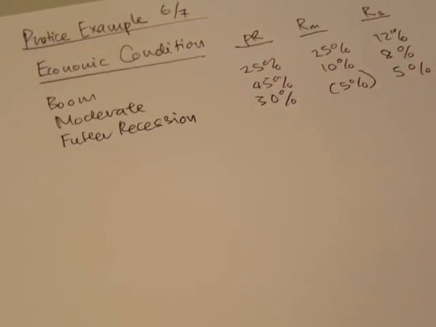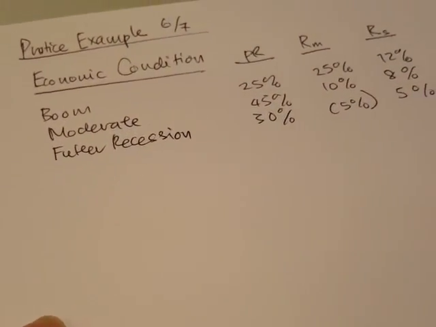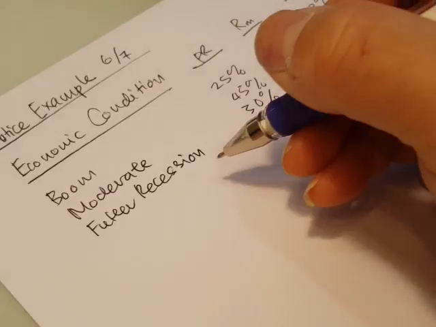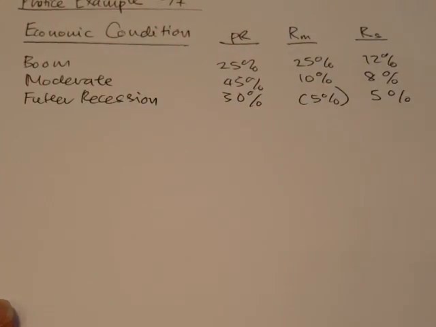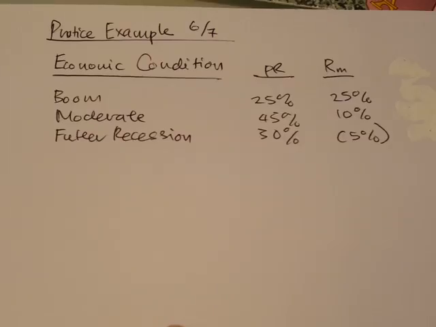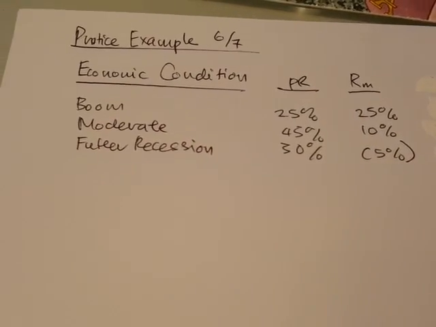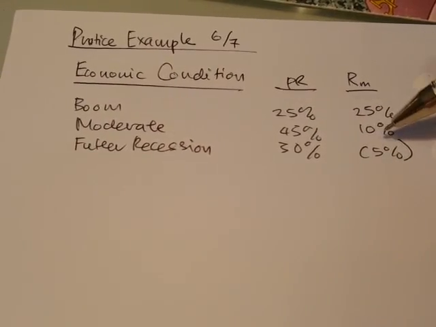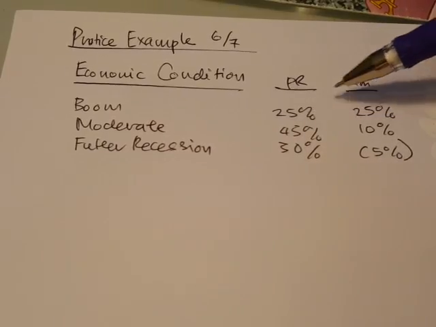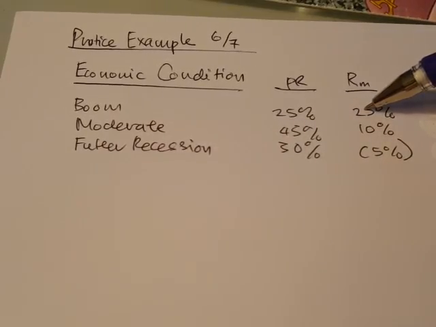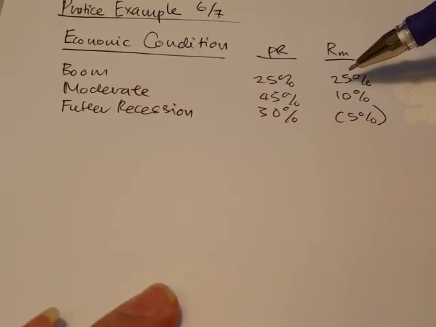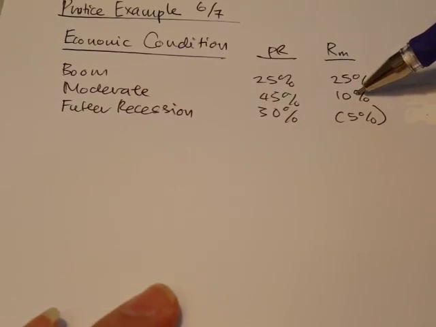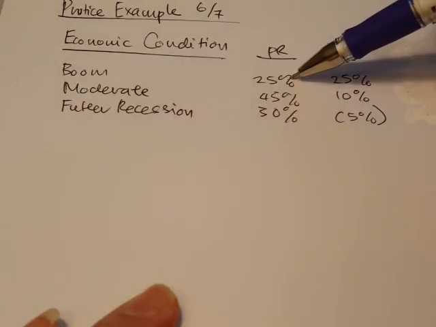When there is a probability, let's try with share M. To find the average return for share M, you just take the probability times the return. The rationale is quite simple. To get this return, 25%, there's only a 25% chance.